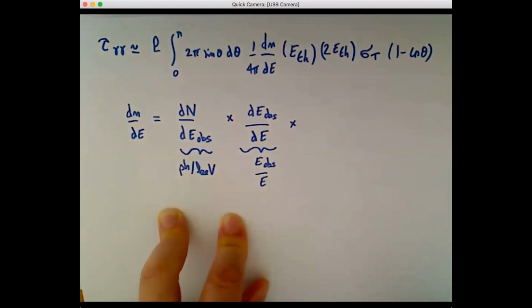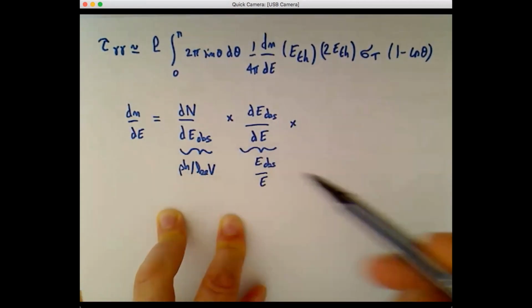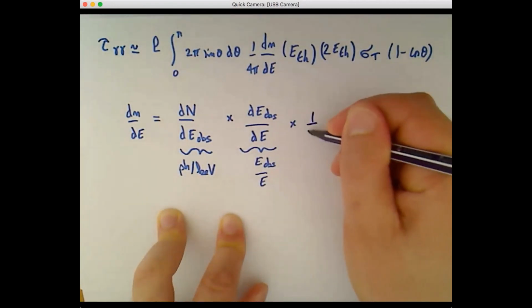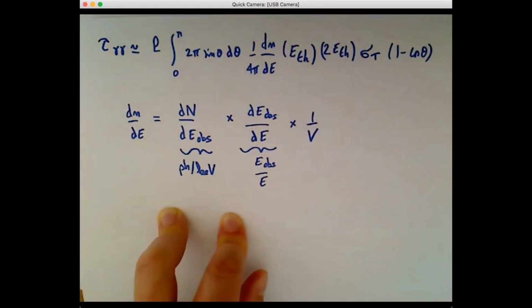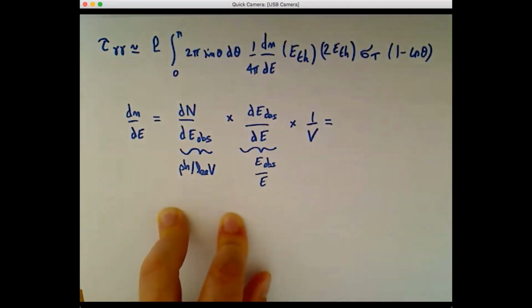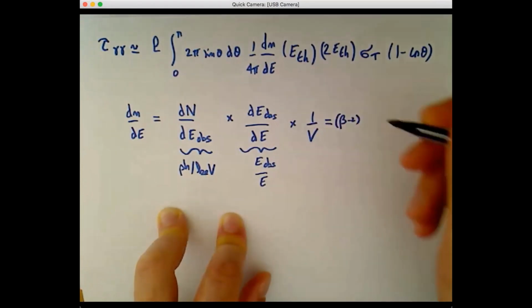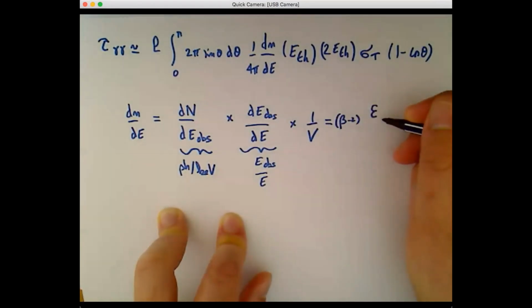Finally, to go from a photon number to a photon density, I have to divide by the volume of my region. And if I replace with the formula I gave on my slide for the observed spectrum, the result is simply something like that.